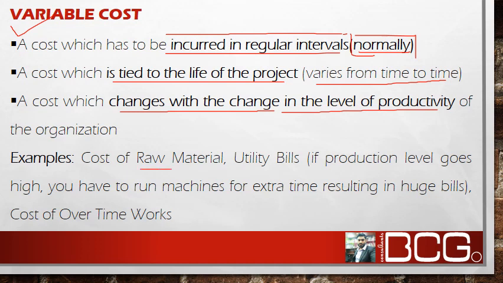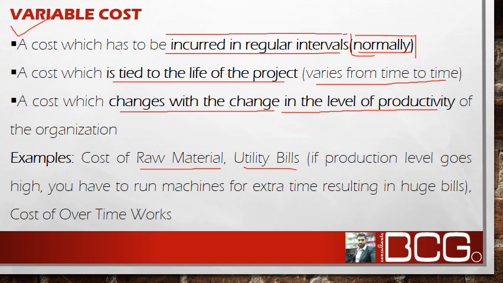Examples can be the cost of raw material. You have to pay different prices, or incur different costs, each time you purchase raw material normally, right? And the second, utility bills.